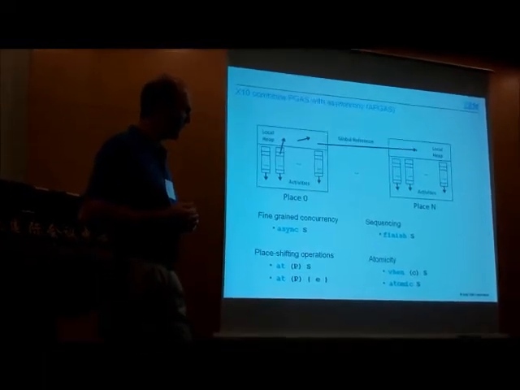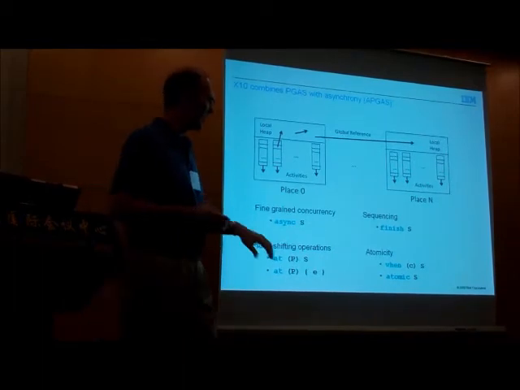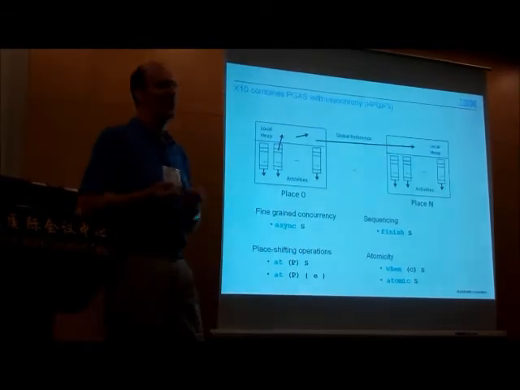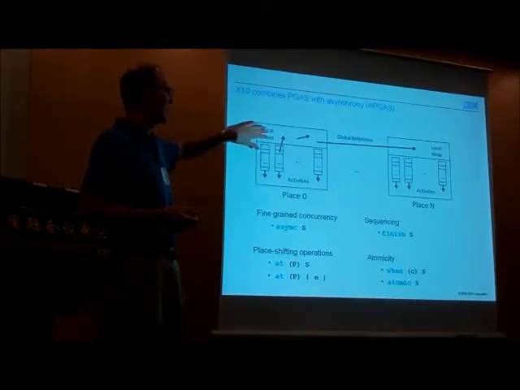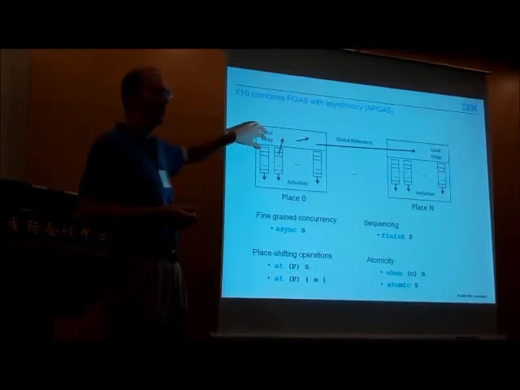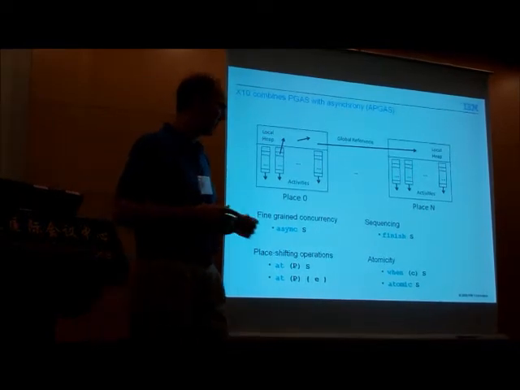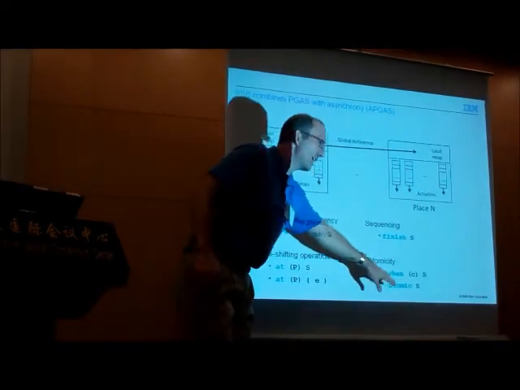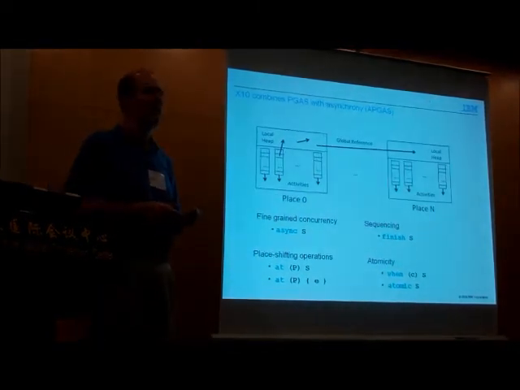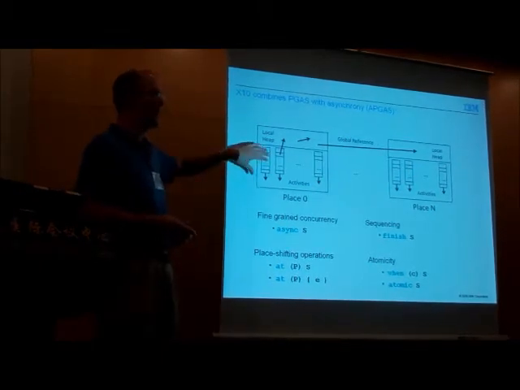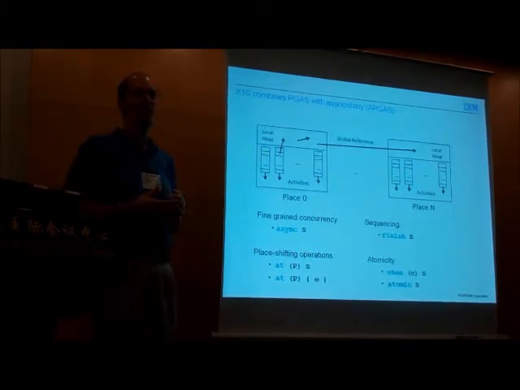And we also have, within X10, atomicity. So how do you deal with multiple activities wanting to mutate data in the same local heap? The language mechanism for that in X10 is atomic. So atomic S means do S atomically with respect to all other atomic statements in that place. So atomicity within X10 is just within a place.